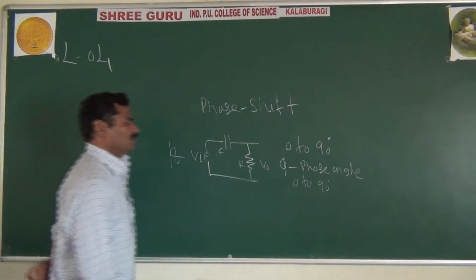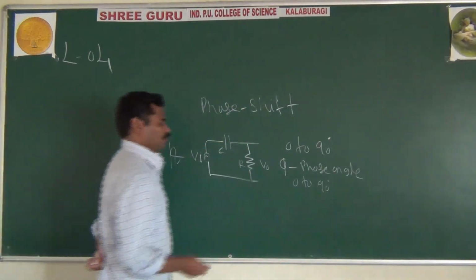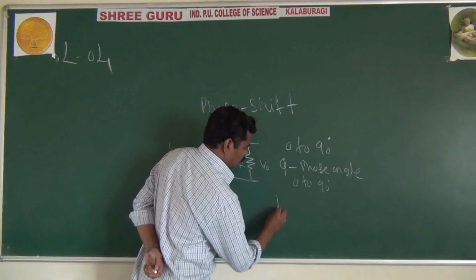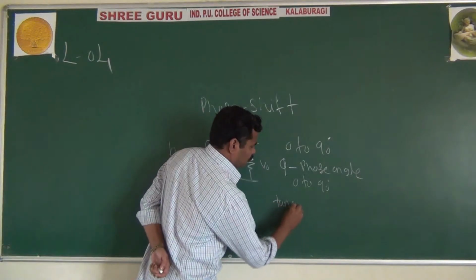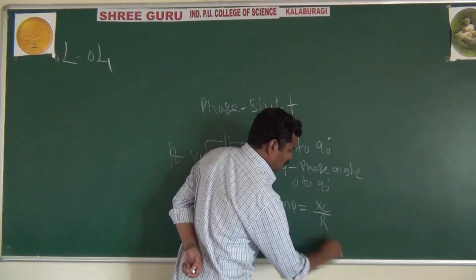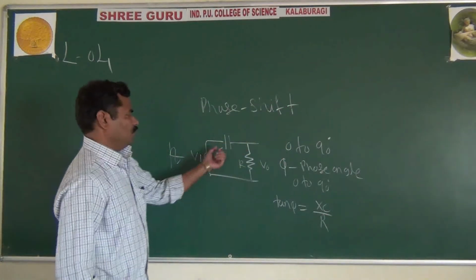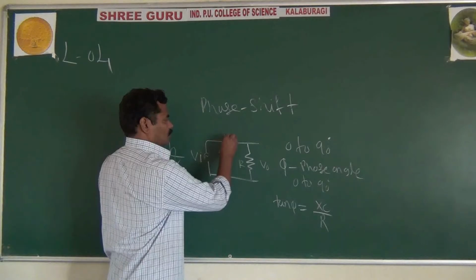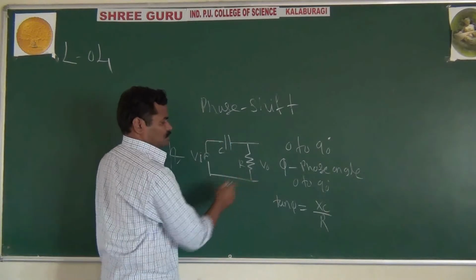And as usual, you have already studied the basics. The phase angle tan phi equals Xc by R, because you are using a capacitive reactance and a resistance.